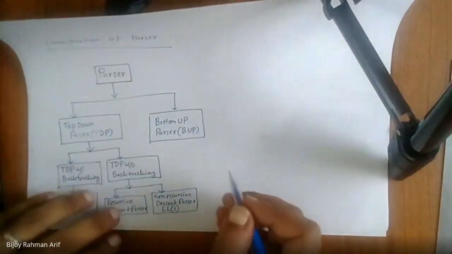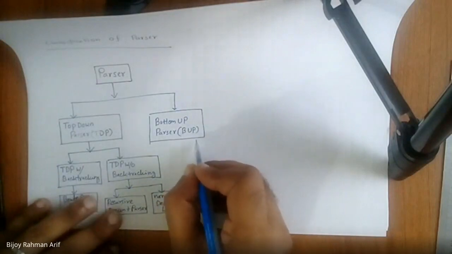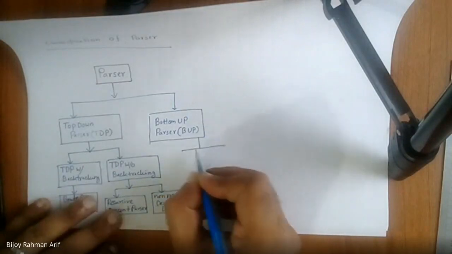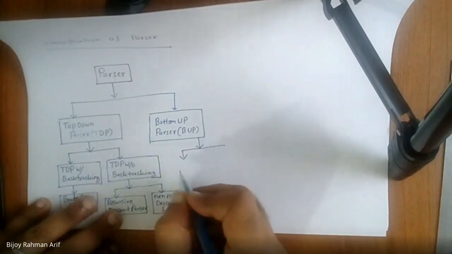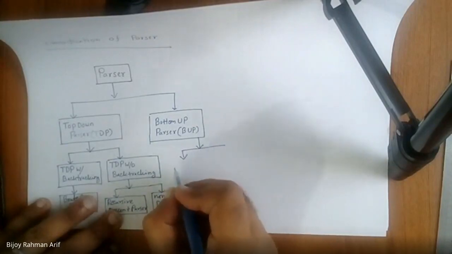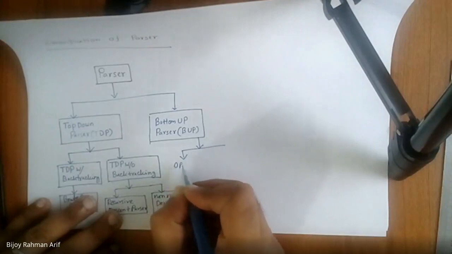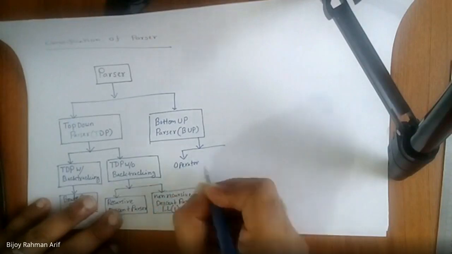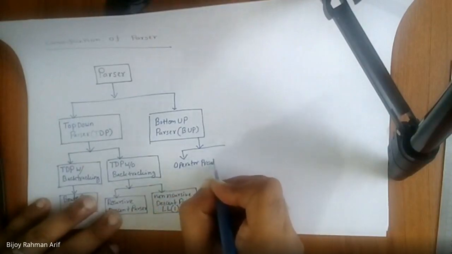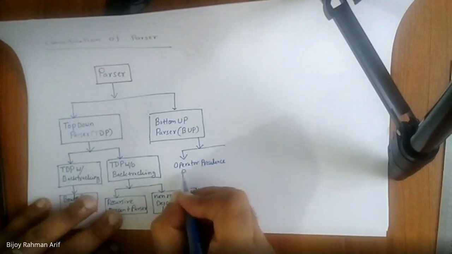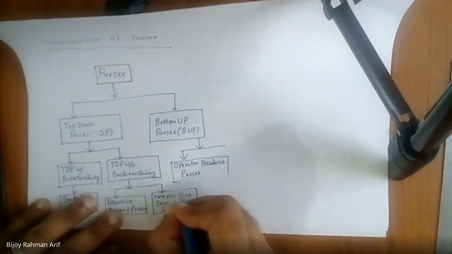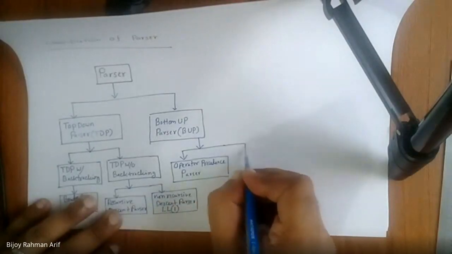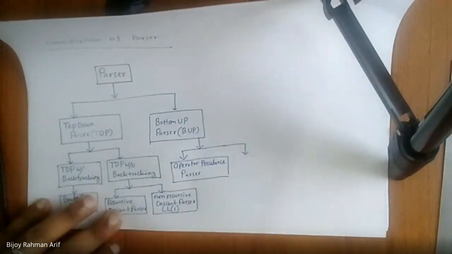Now let's go to bottom-up parser. Bottom-up parser can be classified into two broad categories. One is called operator precedence parser, and another one is called LR parsers.